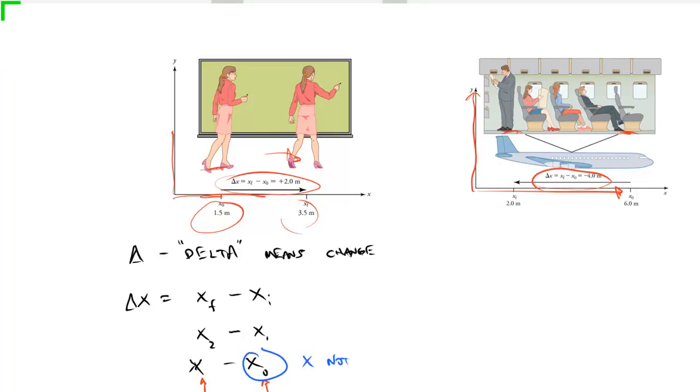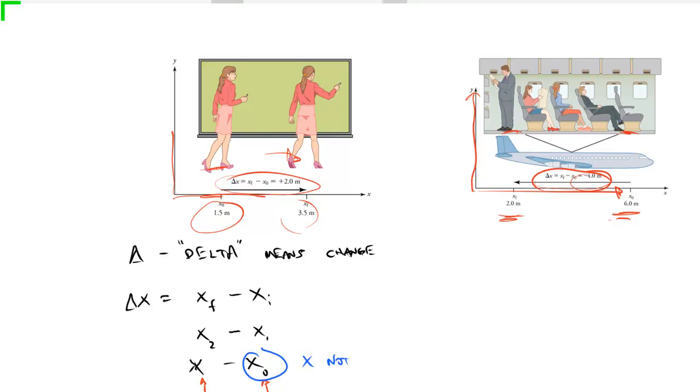He started over here at x naught was 6, x final was 2, and remember, delta is always the final minus the initial, so we have x final minus x initial is 2 minus 6, so it's negative 4 meters. And so in this coordinate system, a change in x of negative 4 indicates that he moved 4 meters to the left.